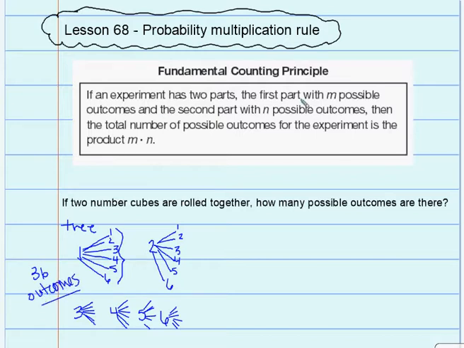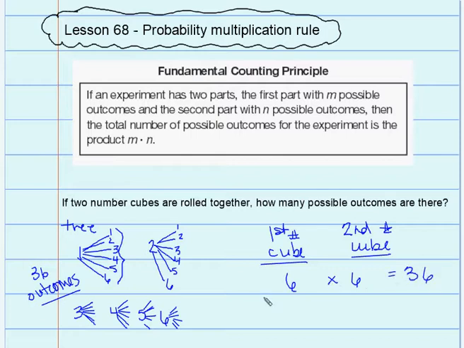But using the fundamental counting principle, on the first number cube, how many sides are there, or how many outcomes? There are 6. And on the second number cube, how many outcomes are there? There are 6, and 6 times 6 is 36. We can do that with a coin and a number cube.